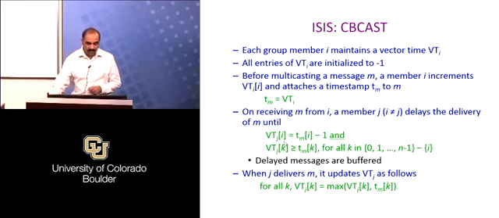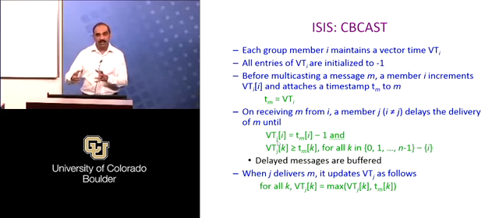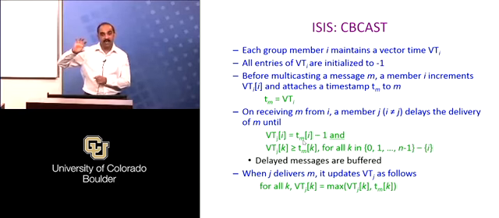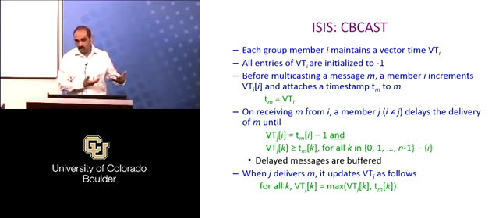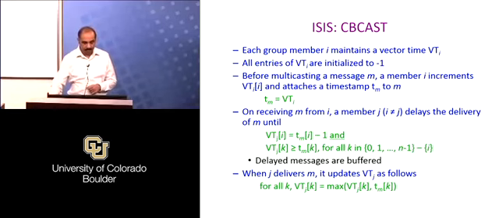The first condition is, so we are looking at member J now. When I say VT of J, what we mean is the vector that's maintained by J, and the TM we are talking about is the vector that came as the timestamp of the message. So we are looking at 2 vectors now: the vector of the process that received this message, and the vector associated with the message's timestamp.